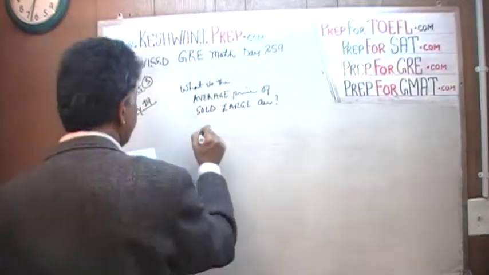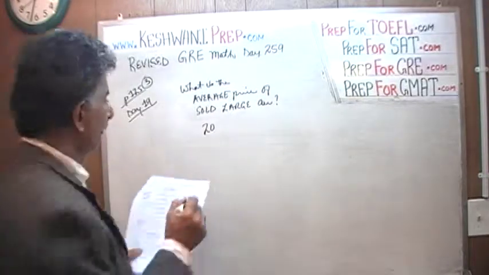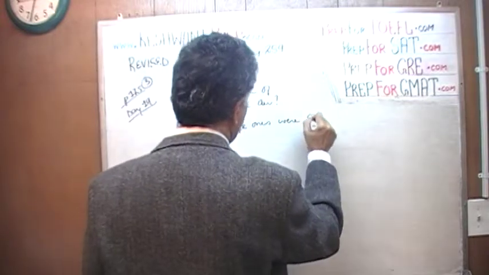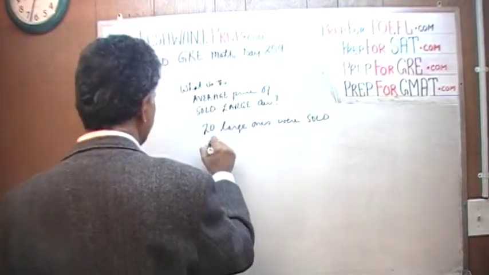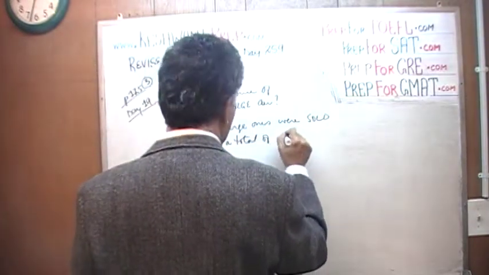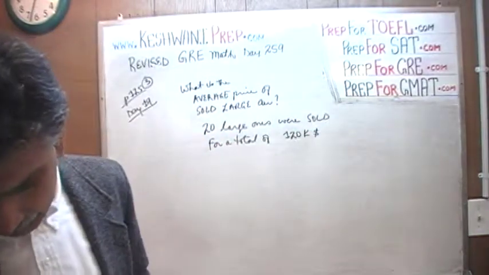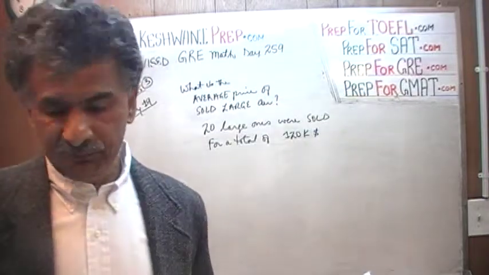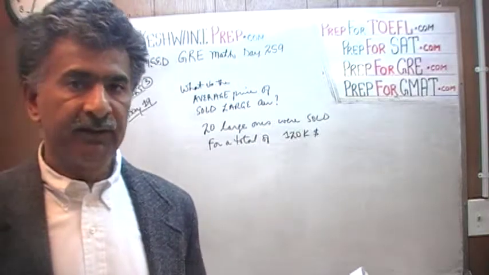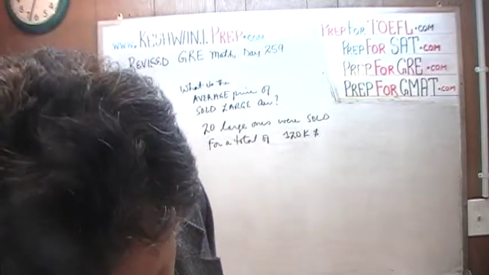If you look at the chart carefully, you will see that we are told that 20 large cars were sold for a total of $120,000. Not the asking price. The asking price for these 20 large cars, if you look at the chart carefully, is 150,000. That's the projected price, but that's not what they actually ended up getting in the auction.